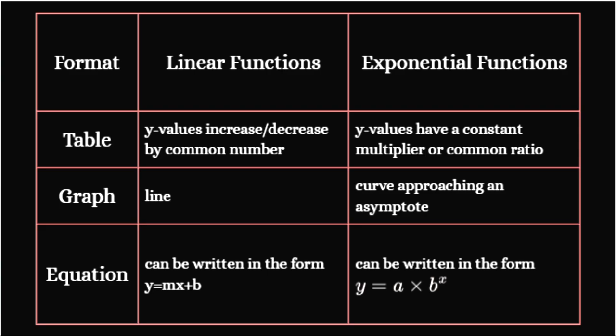Exponential functions are multiply and divide. On a graph, a linear function looks like a line and an exponential function looks like a curve approaching an asymptote. And in an equation, a linear function can be written in the form y equals mx plus b, whereas an exponential function is written in the form y equals a times b raised to the power of x.